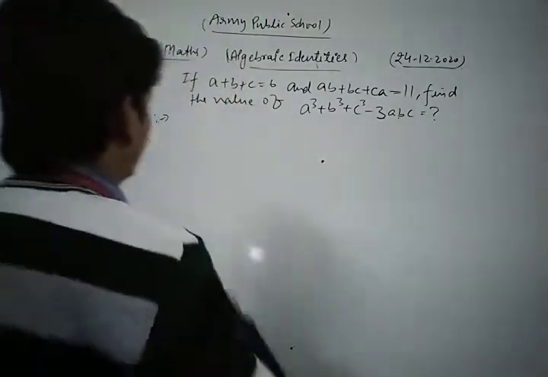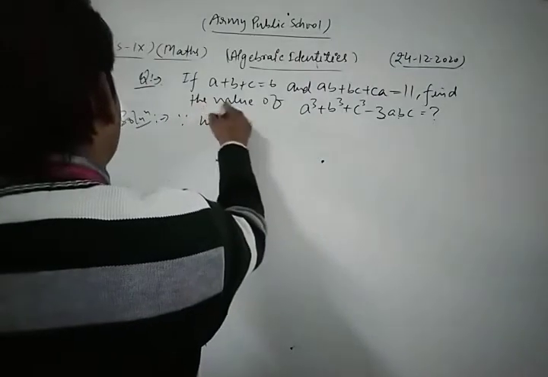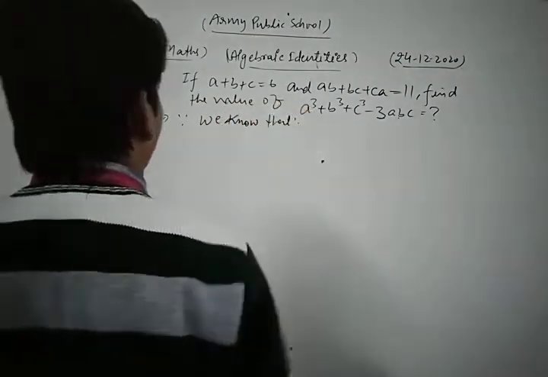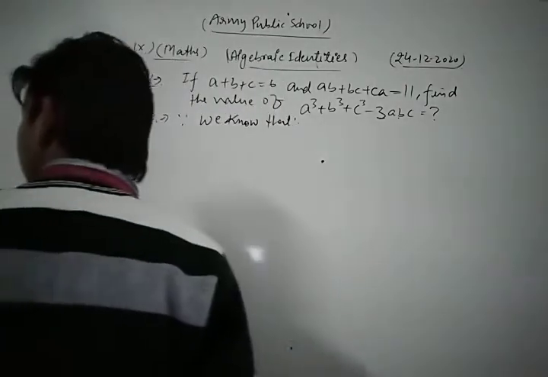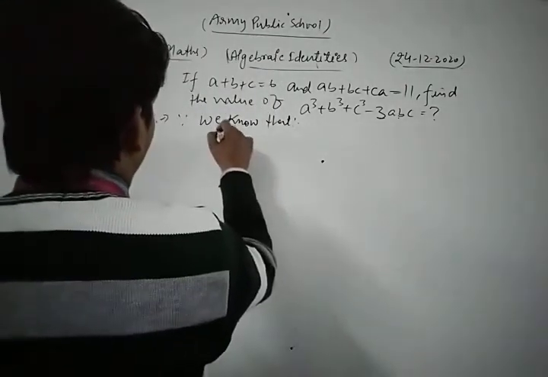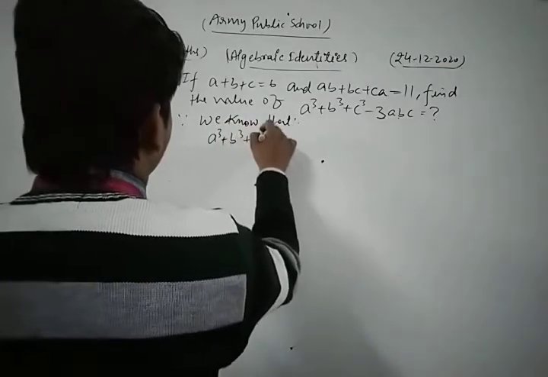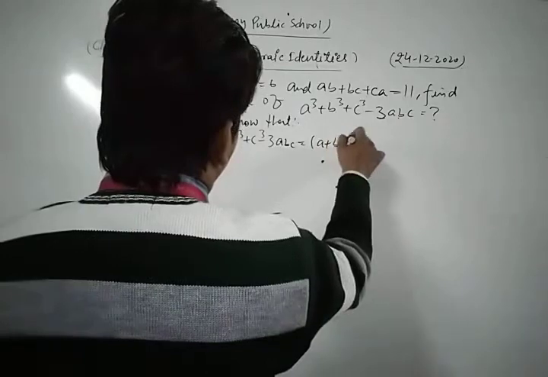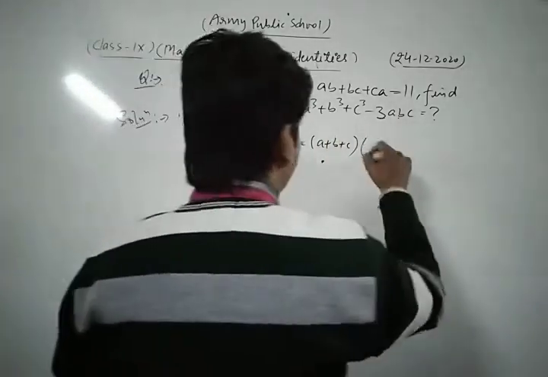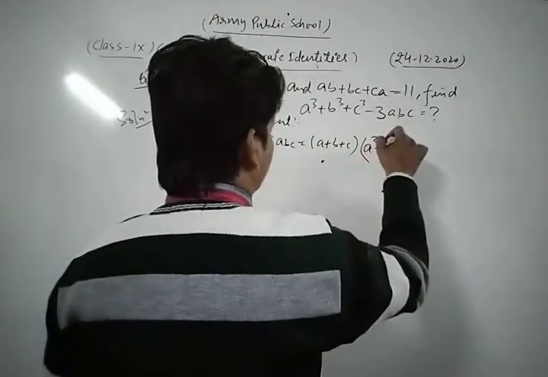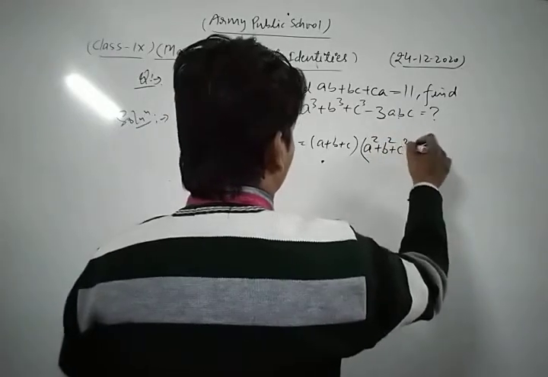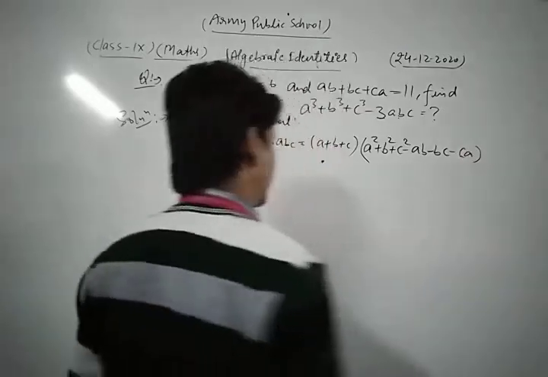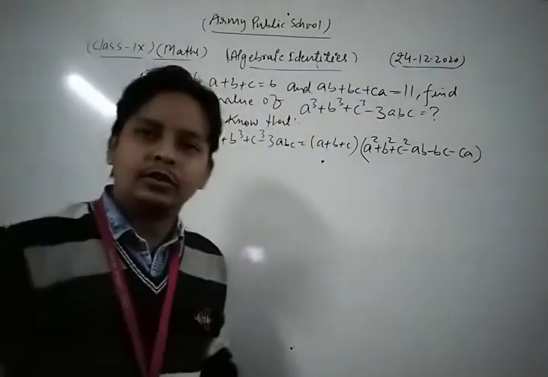Since we know that the value of a cube plus b cube plus c cube minus 3abc is equal to a plus b plus c in one bracket and in another bracket a square plus b square plus c square minus ab minus bc minus ca respectively.